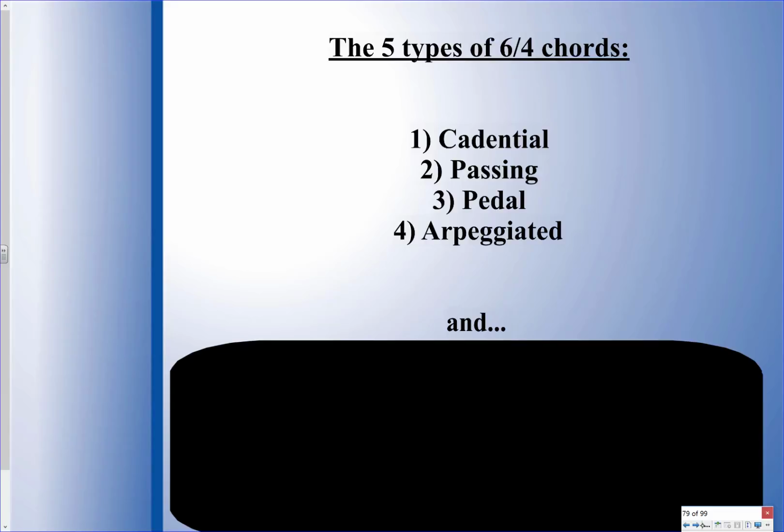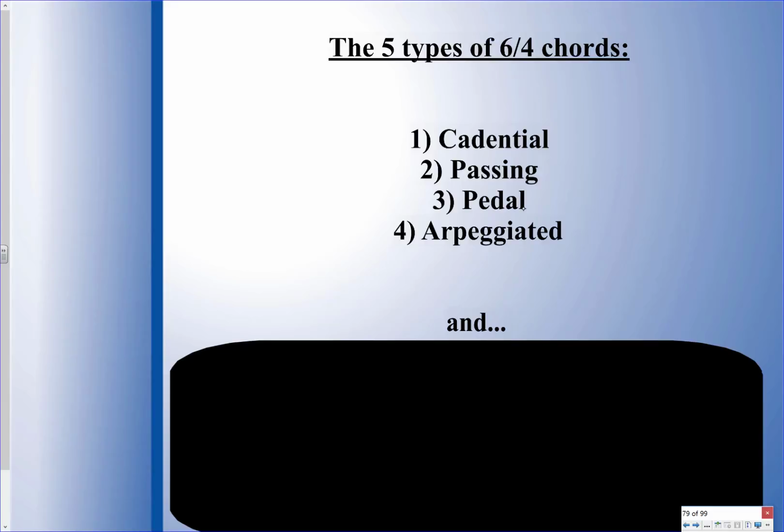So hopefully some of these words seem to be making sense to you. When we hear cadential, maybe cadence pops into your mind, and cadence means the end of a phrase. When we hear the word passing, maybe we think of a tone in between 2 other tones in stepwise motion.